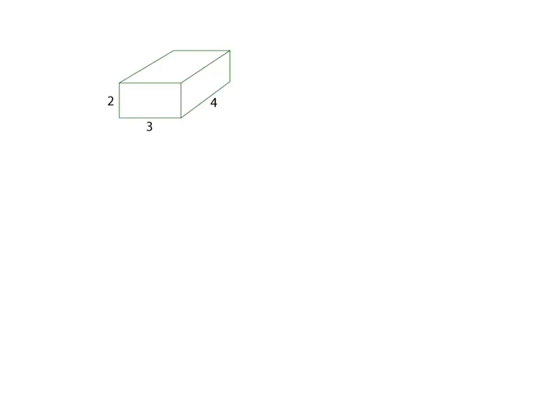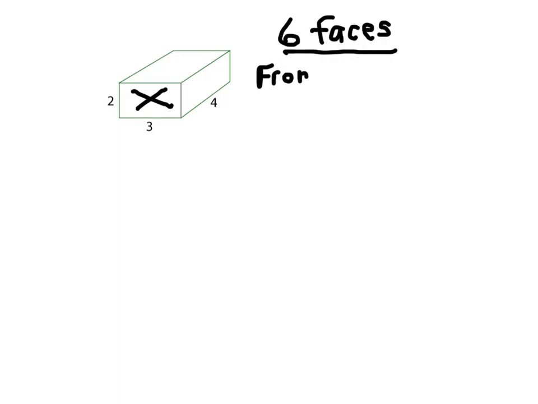All right, so here is a rectangular prism. Let's calculate surface area. To account for the 6 faces, I'm going to list them so I don't forget where they are. Here we have the front face. And then there's also going to be a face opposite that in the back that's the exact same size.